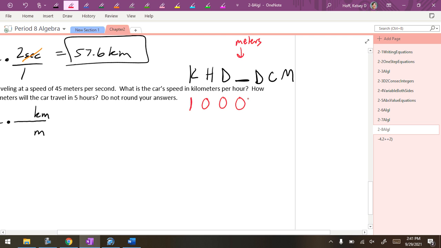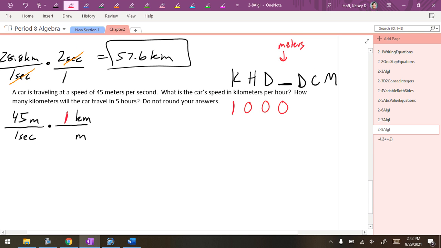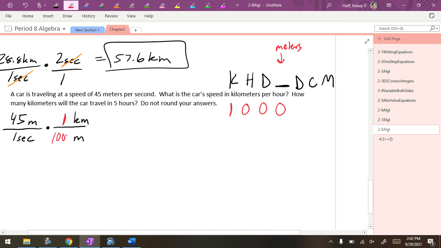King Henry died unexpectedly drinking chocolate milk. Kilo, hecto, deca, and this would be like meters, liters, grams, deci, centi, milli. Okay, so 1 kilometer is what? 1,000 meters.